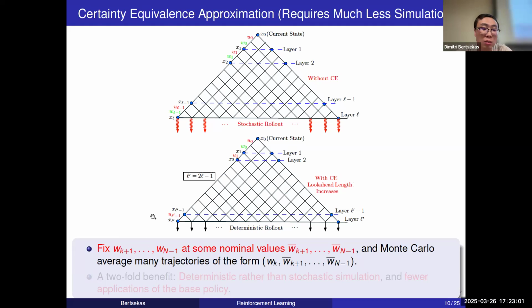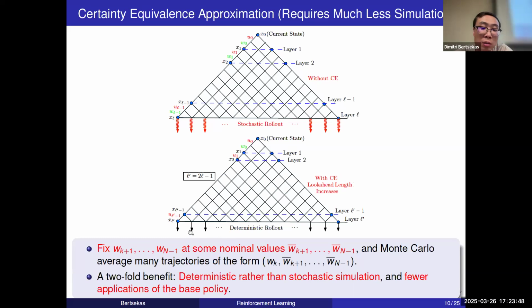Now compare with this: if we fix the stochastic quantities at nominal values, starting from xk, wk plus 1, and Monte Carlo average many trajectories of this form, then we look at the same figure. From the current stage, we have two branchings, U and W. After that, the lookahead tree looks nearly or exactly identical to the deterministic case, because the random quantity's branching has been reduced to one path, so there's no branch anymore.